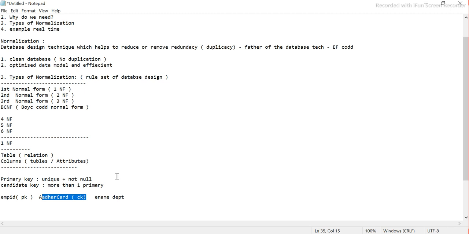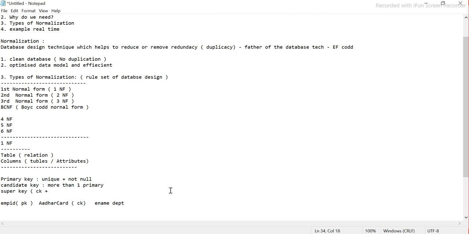And then, guys, there is something also called super key. A super key is nothing but, let's say you have a candidate key which can determine the whole row uniquely, but you also add some different key.